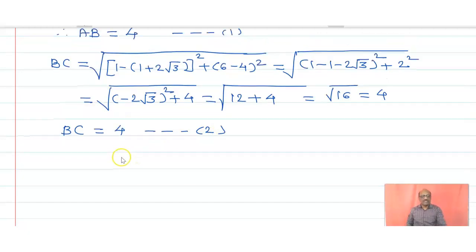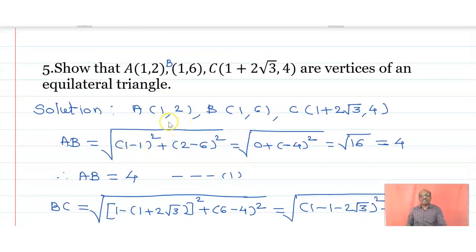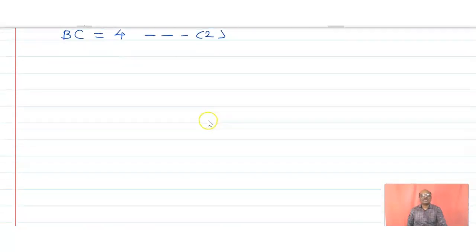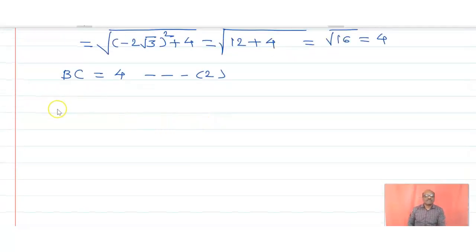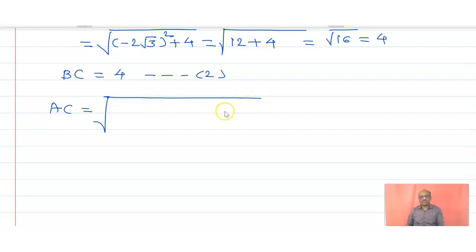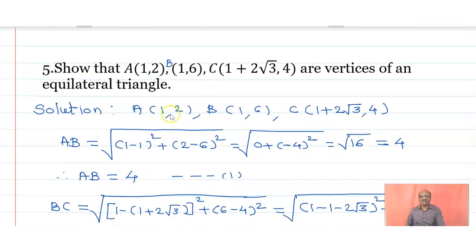Next, lastly, we will find out AC. Now AC is equal to, again, square root of, you can write the formula, x1 minus x2 bracket square plus y1 minus y2 bracket square.